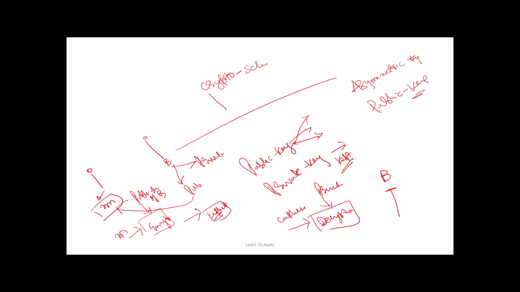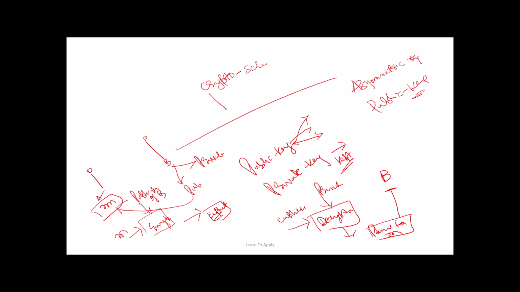Since this ciphertext is not in readable format, you need not worry about who will get it in between on the channel. The output of the decryption is again the plain text message, that is message M. So this has removed the problem of communicating the secret key over an insecure channel.